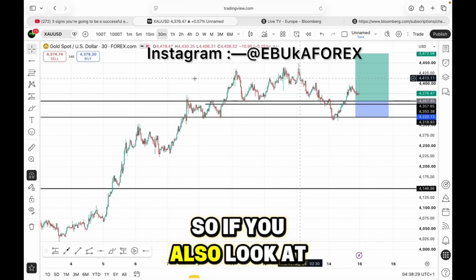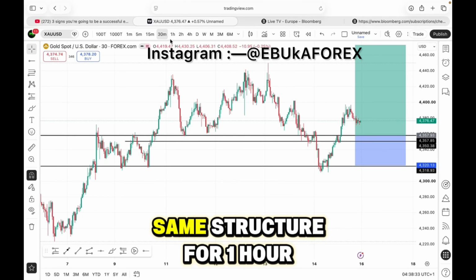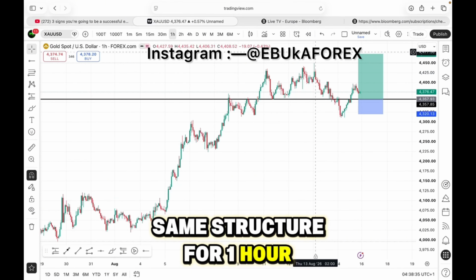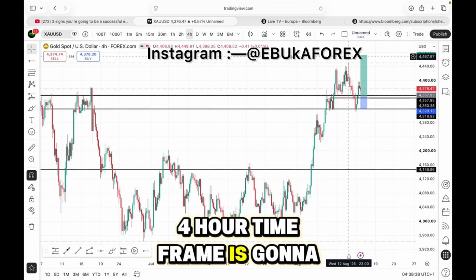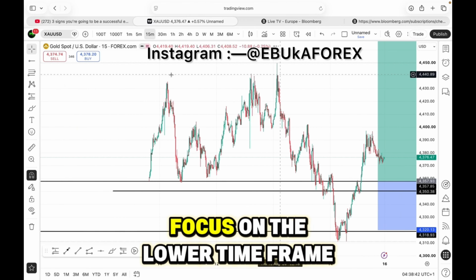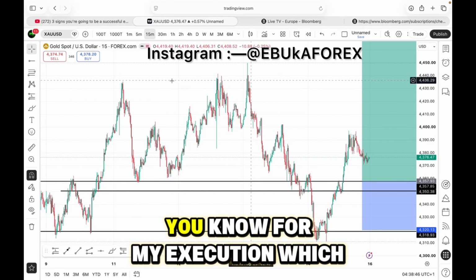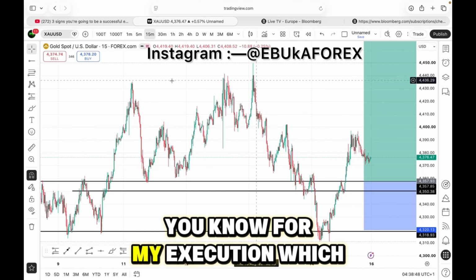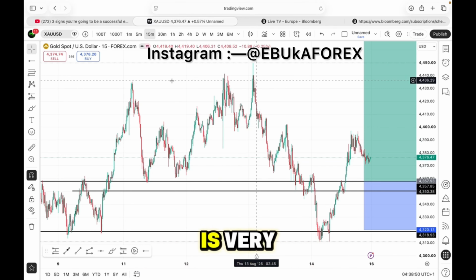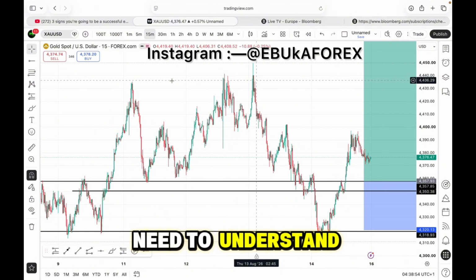If you also look at the 30 minutes time frame, you see we have the same structure, but 1 hour and 4 hour time frame is going to be a different thing. So I always focus on the lower time frame price behavior for my execution, which is very, very important, because that's what you need to understand.